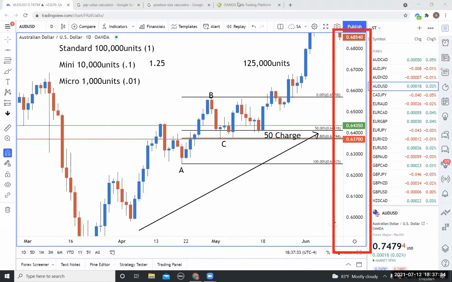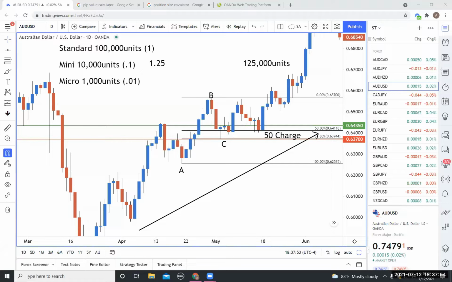And we can actually use a web-based calculator to find the pip values, because they could be different from pair to pair. Sometimes they are the same, and more often than not, it's a coincidence. But we could, for example, go to Google here.